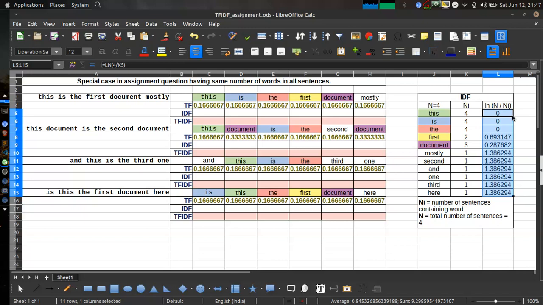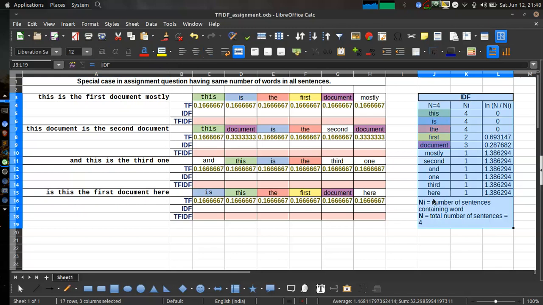That means the total is in the numerator, and in the denominator we have the number of sentences containing the word. It is an inverse thing, correct? So now what we will do, we will take this sentence word by word, and you will just create one dictionary, right? So these are the set of unique words.